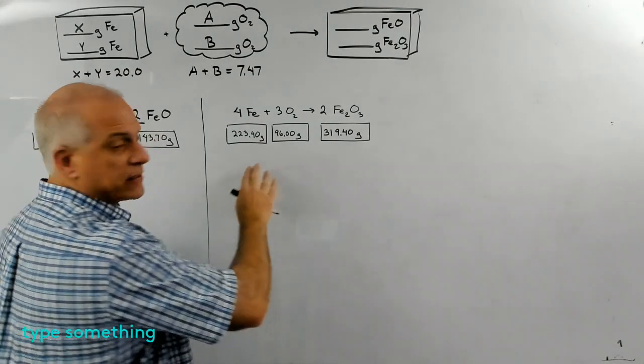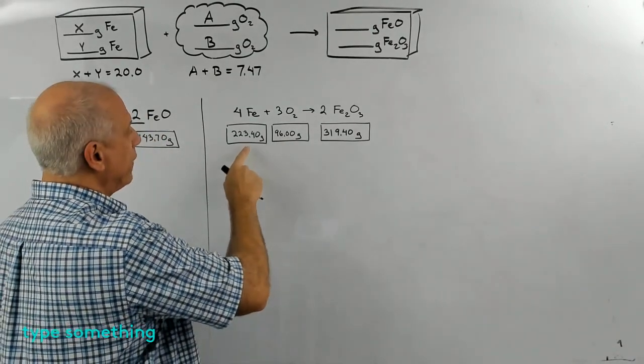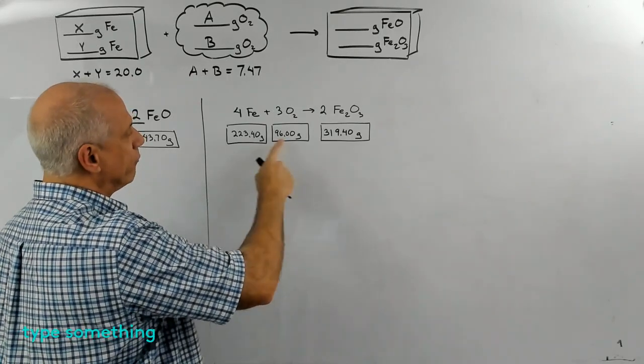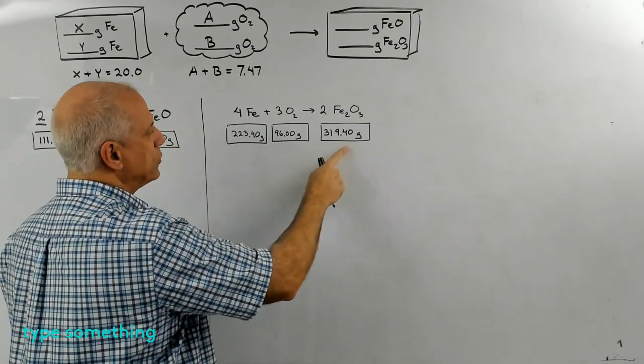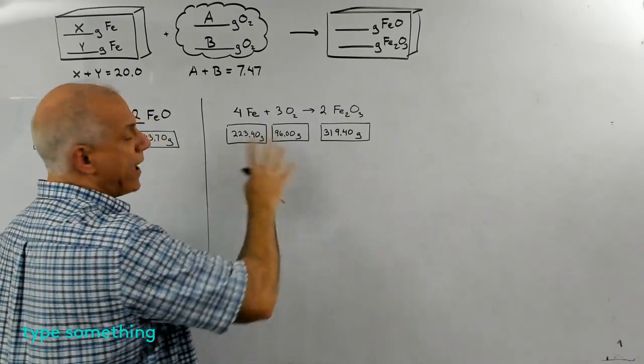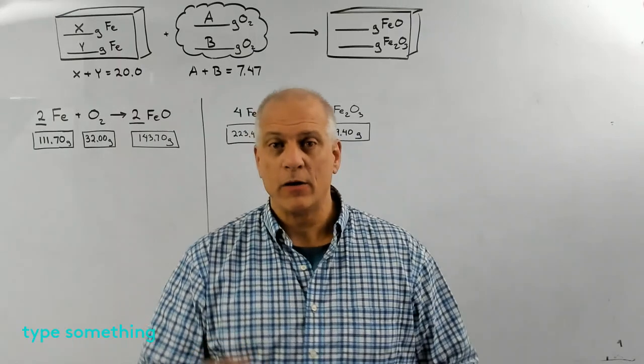And then on this side, same thing: 4 moles of iron reacts with 3 moles of oxygen gas and would produce that many grams in total. So I have mass ratios. So now here we go.